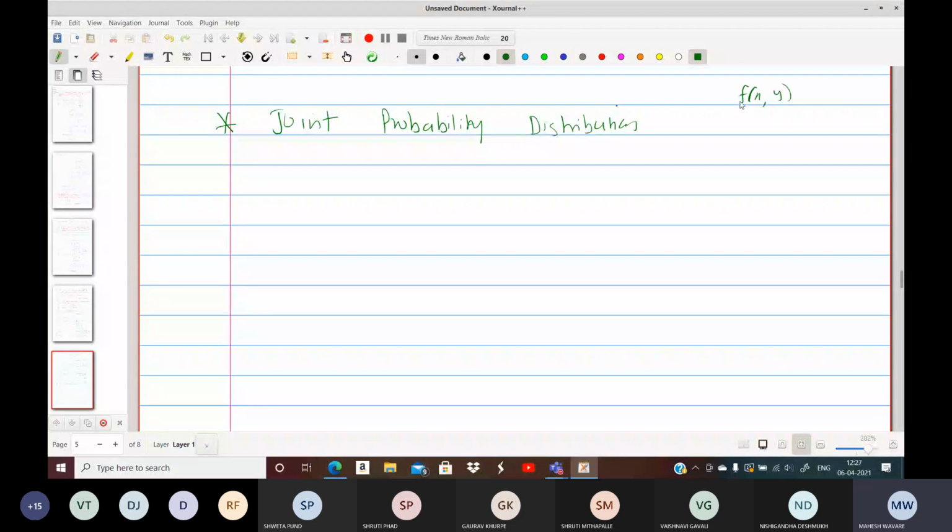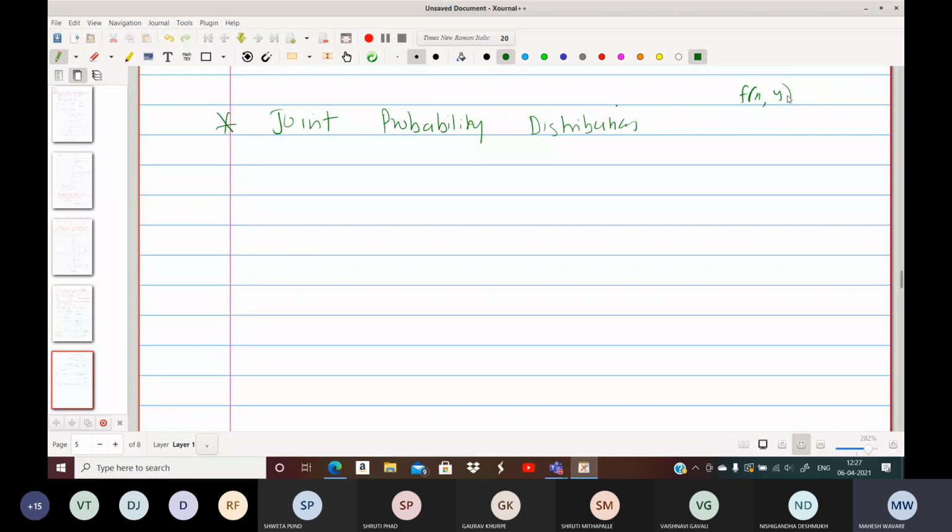So f of x, y, and both variables may be continuous or discrete. It is not that x is discrete and y is continuous; both are either continuous or discrete. First we have joint probability distribution for discrete random variables, denoted by f of x comma y. You can have more than two variables also, and extend it to f of x1, x2, up to xn.